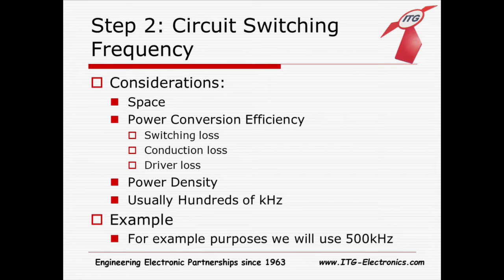Conversely, if you favor efficiency and you have plenty of board space to play with, maybe you're in the low thousands, or maybe even upper hundreds, which would be fairly unusual. If you're seeking one of those well above the other, you'll end up in these fringe areas. So for our example purposes, we're going to stick right in the middle. We're going to use 500 kilohertz.